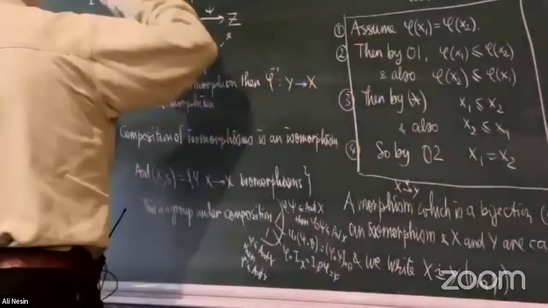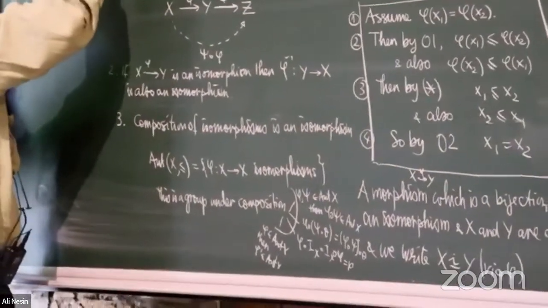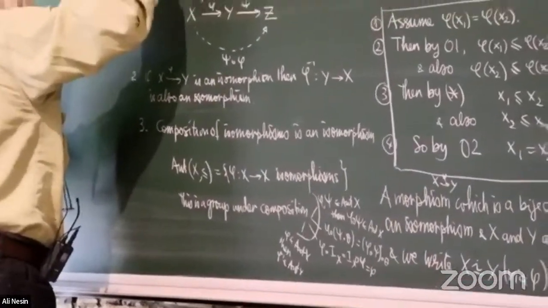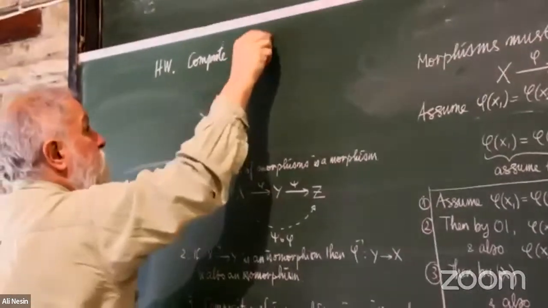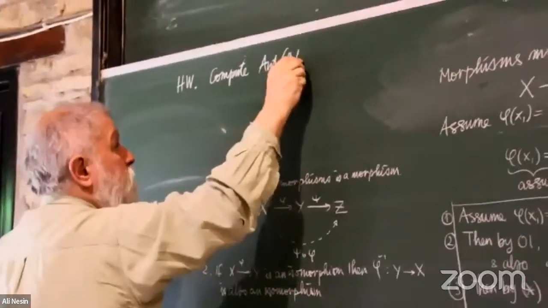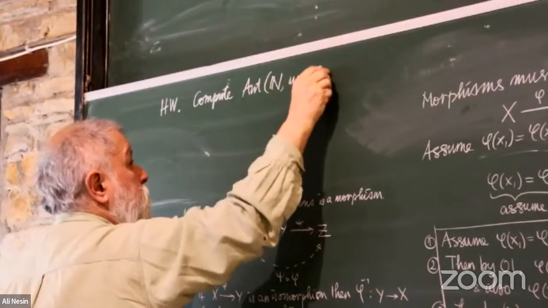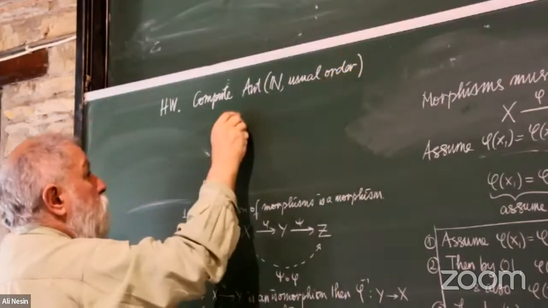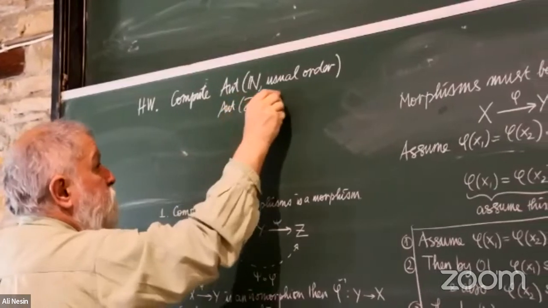Exercise. Homework. Compute automorphisms of natural numbers with the usual order. Compute automorphisms of Z with the usual order.